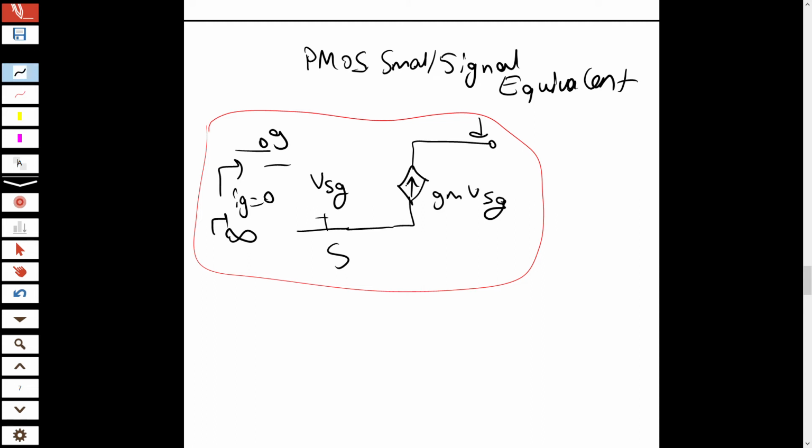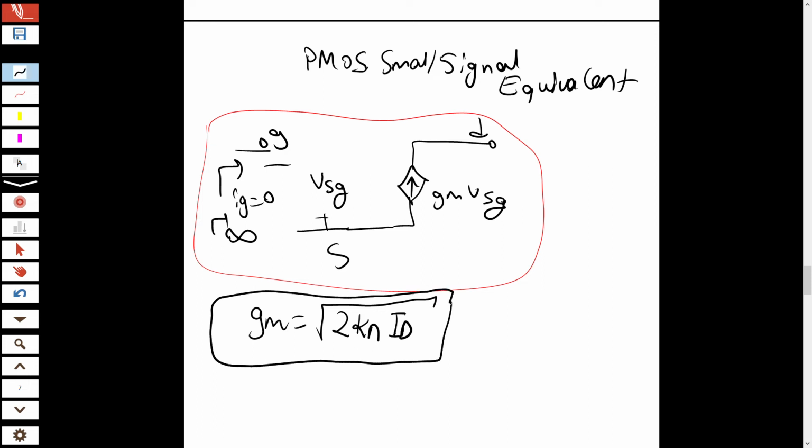What is important to note here is, what is gm? In MOSFETs, gm parameter is equal to 2 times Kn times ID. What is Kn?